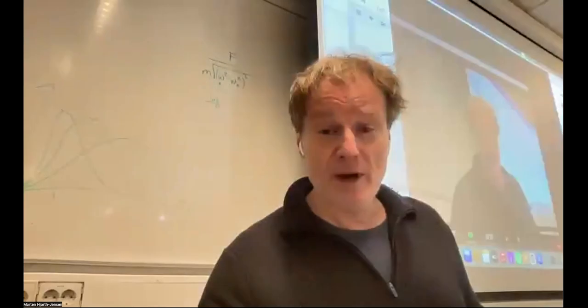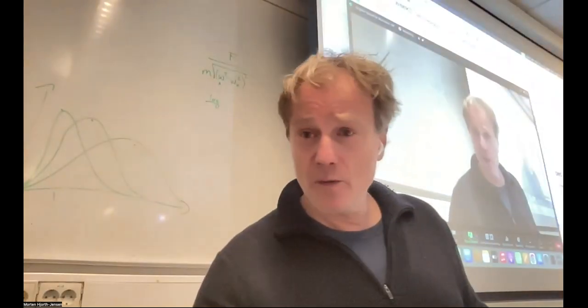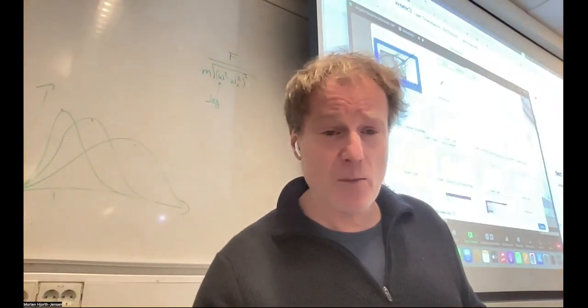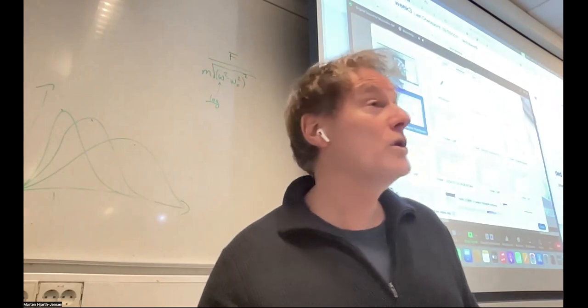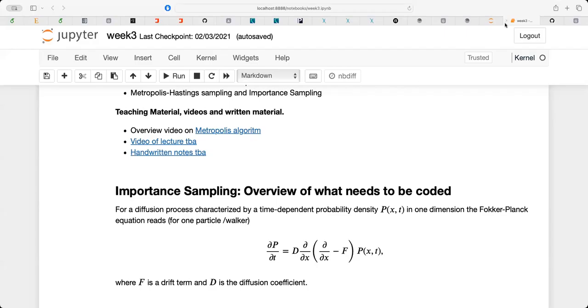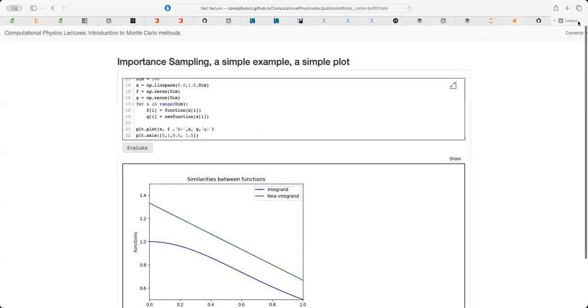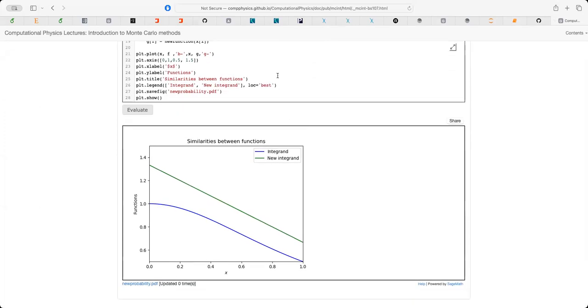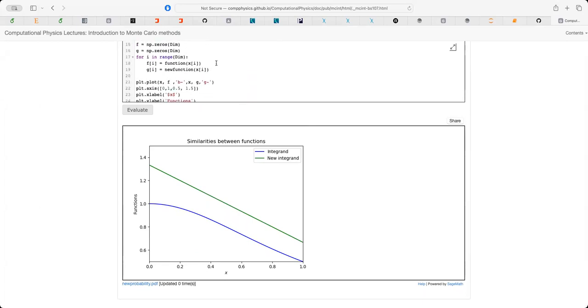And now let me bring back some slides where we have a simple example of a calculation with that distribution. What you see here is a plot of two functions.